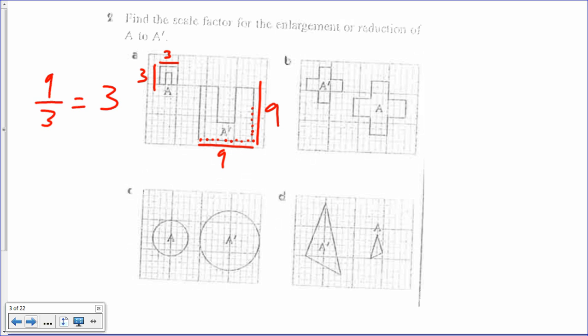For B, again, I'm just going to choose two sides because we're told it's already there. This one here is A dash, and that's 2 by 2, and A is going to be 3 by 3. So remember, we go A over A dash, that's going to be 3, see?